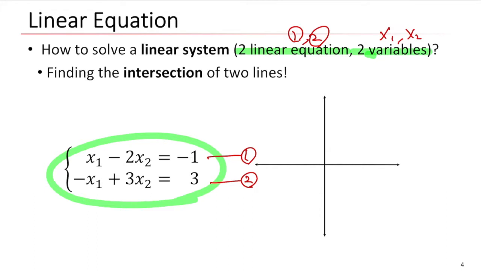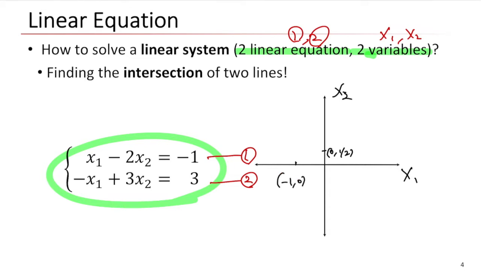So first of all, this is x1 and x2 like that. When x1 is equal to 0, x2 should be 1/2, and when x2 is equal to 0, x1 is equal to -1, something like that.